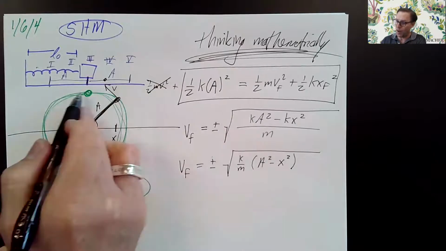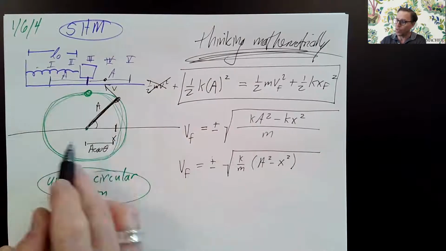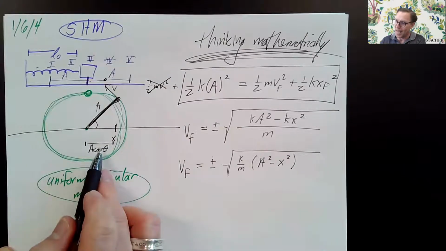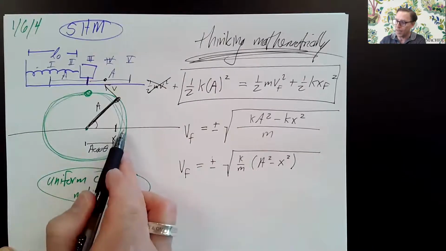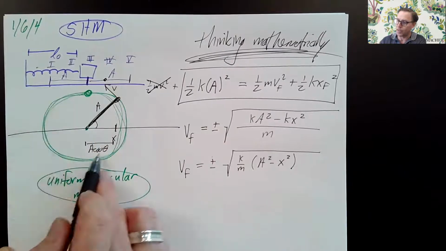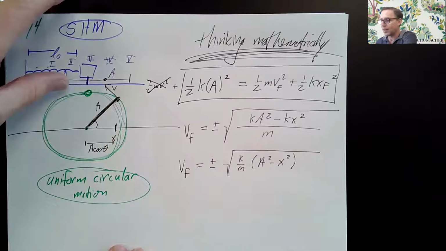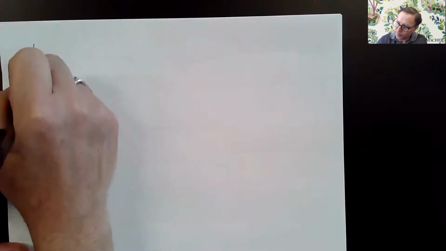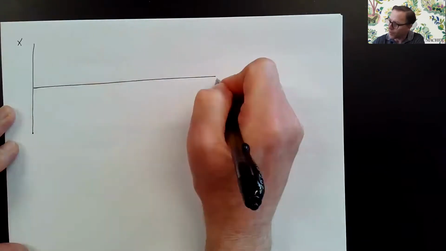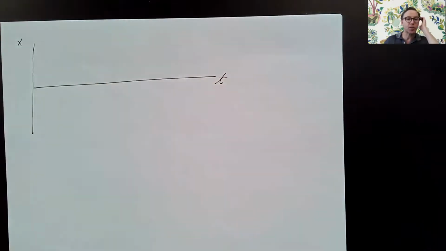So as we go around the circle, the horizontal part of our motion is A times the cosine of the angle, which changes at a constant rate. So let's look at that over here. Let's make a graph of x versus t, position versus time.